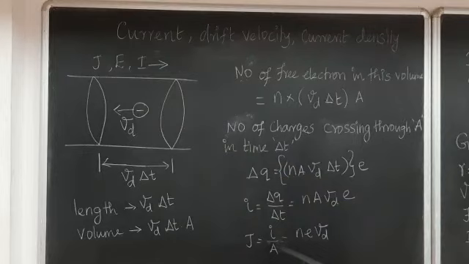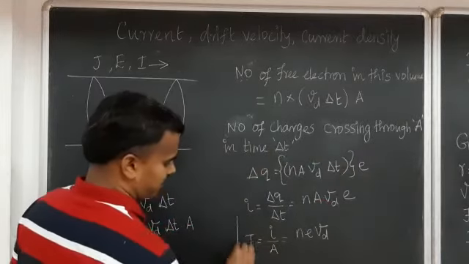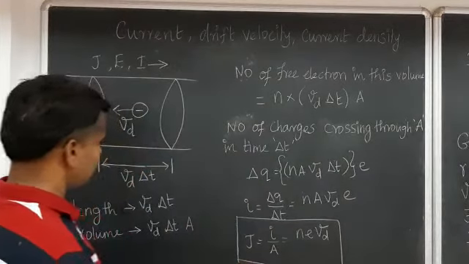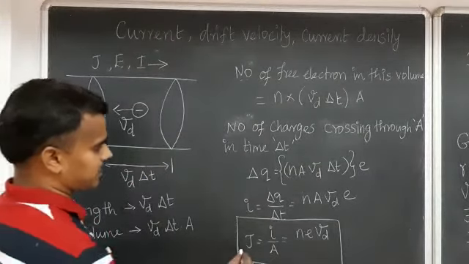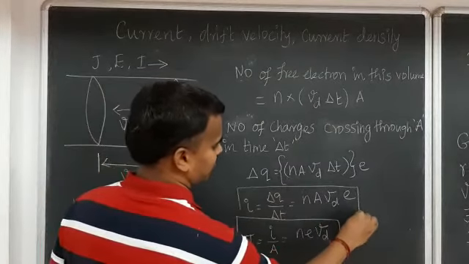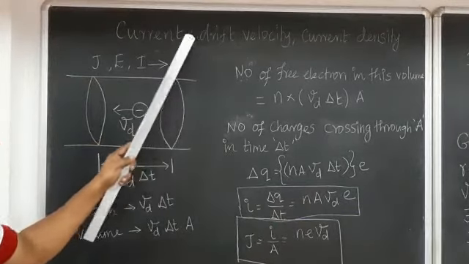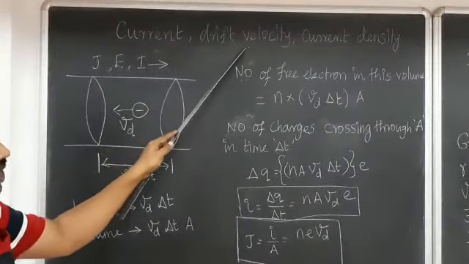J is equal to I by A, which is n e Vd, because the area cancels. Therefore, the current density J is equal to n e Vd. These are the relations between current density and drift velocity, and current and drift velocity. We have two equations here: the current is related to drift velocity, and the current density is also related to drift velocity.